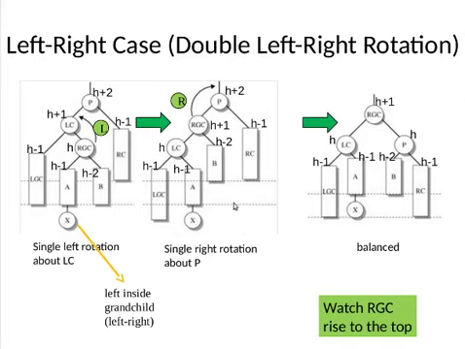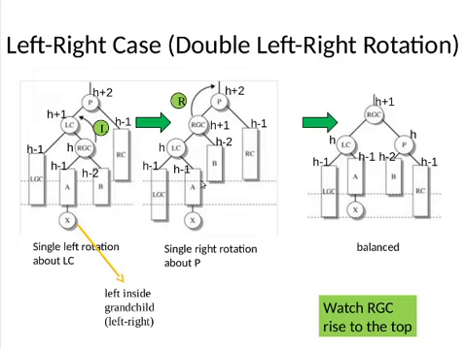The middle tree on the slide shows the resultant tree after the left rotation at LC. As before the rotation, the height of LGC is h-1, the height of A is h-1, the height of B is h-2, and the height of RC is h-1.